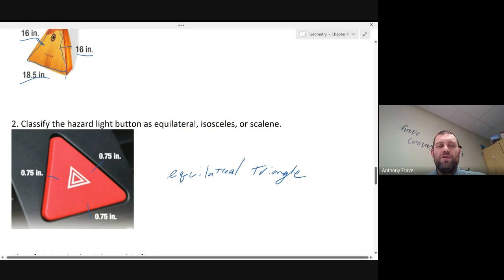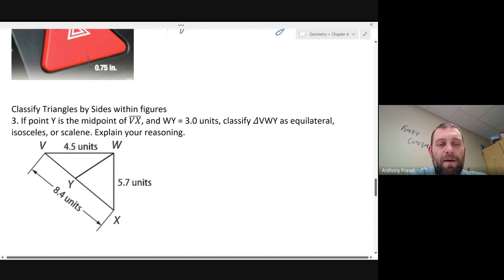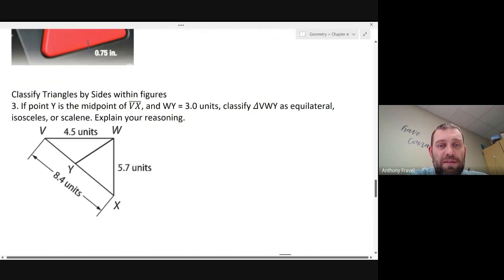So on to classifying some triangles within those figures by their sides. Okay, they're going to give us some information. We're going to have to solve some things. This is taking a little bit of what we did a couple chapters ago or last chapter and using it for this test or for this assignment.